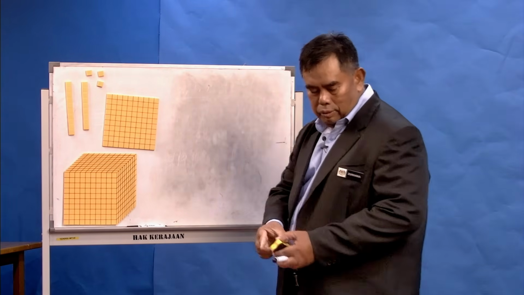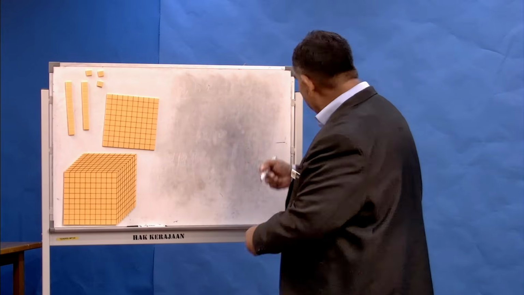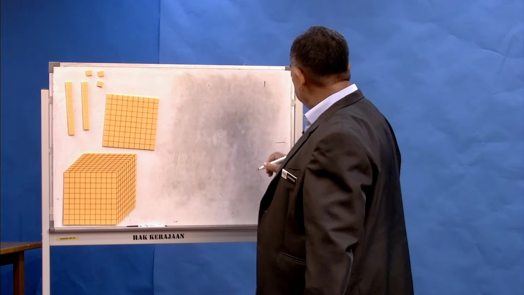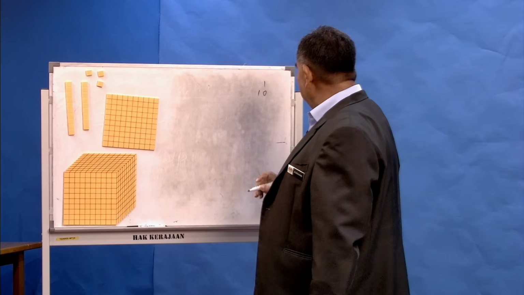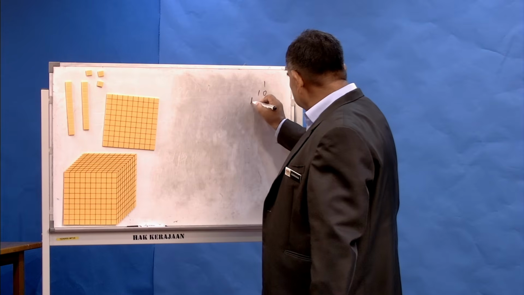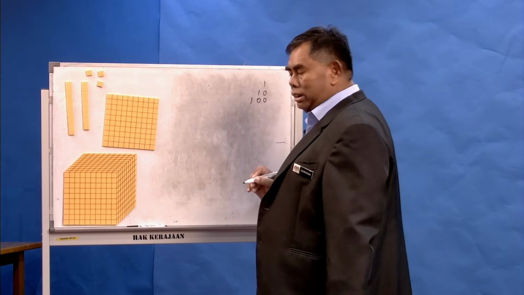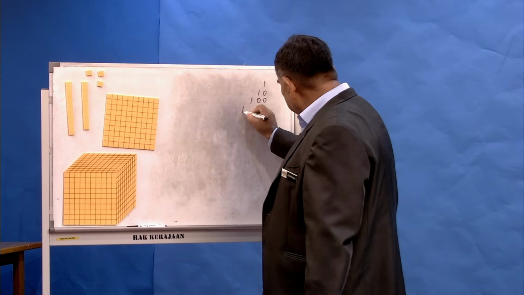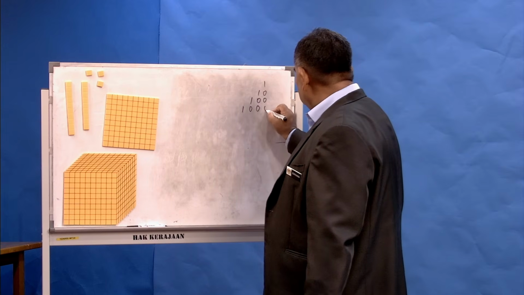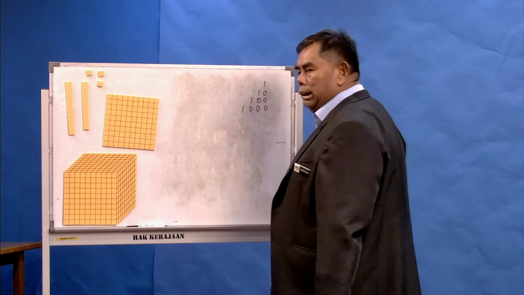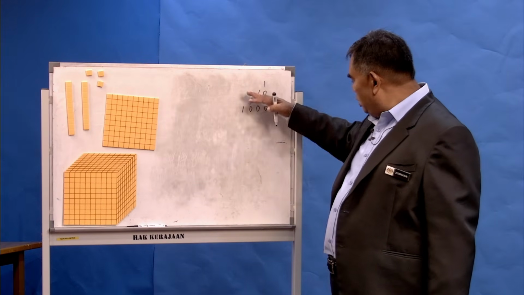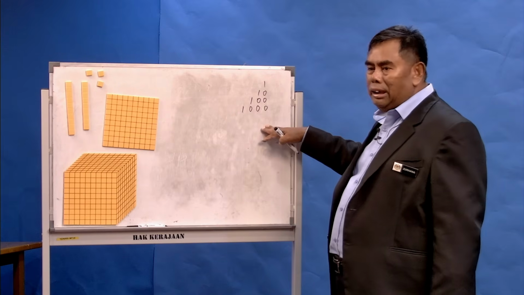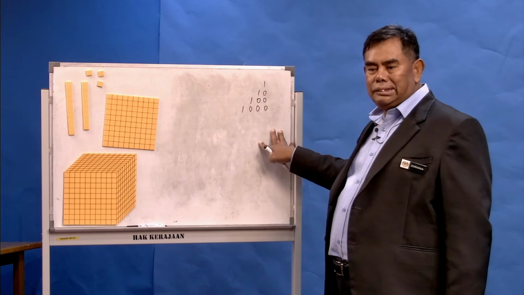This one is 1. After 1, the second place value is 10. The third place value is 100. The fourth place value is 1,000, and so on. Actually, students can write without understanding.